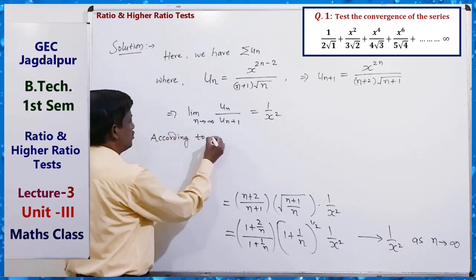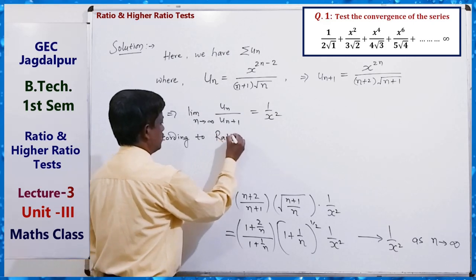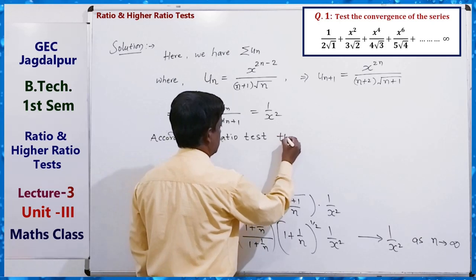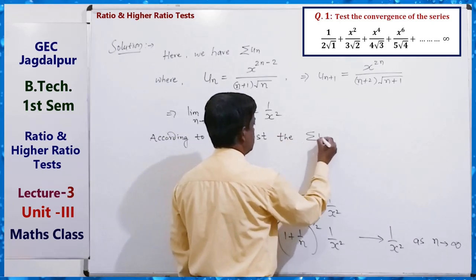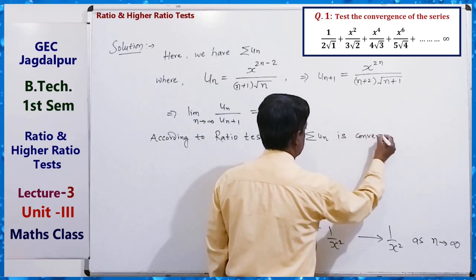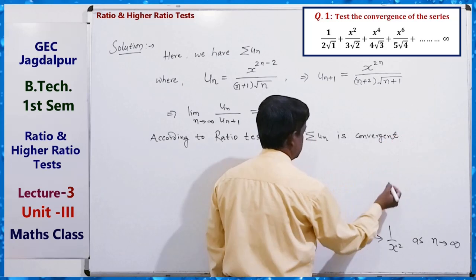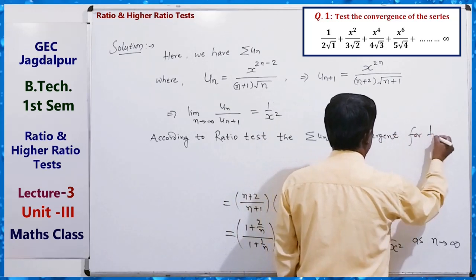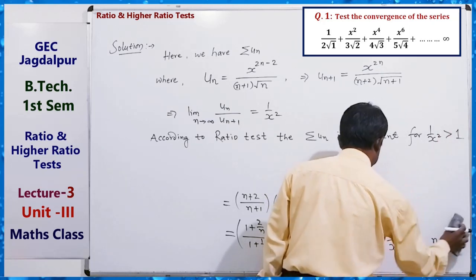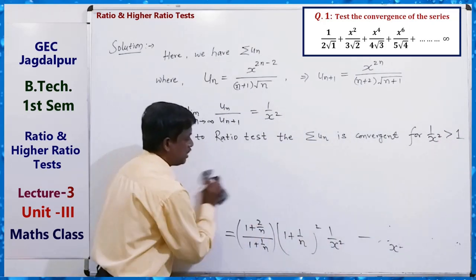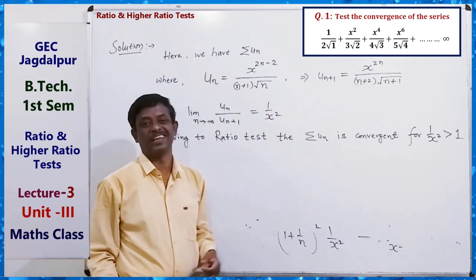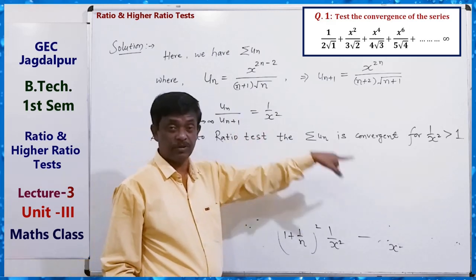According to ratio test, the series is convergent for 1 by x square is greater than 1. Because we know that un by un plus 1 limit, that is, this is what, k. So it is greater than 1, then convergent.